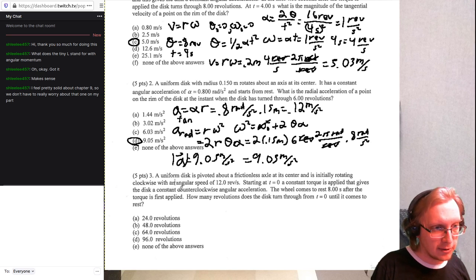Let's see, we have another uniform disk on a frictionless axle, rotating clockwise with an angular speed of 12 revolutions per second. Starting at t equals 0, a constant torque is applied that gives a constant counterclockwise angular acceleration. The wheel comes to rest 8 seconds after the torque is applied. How many revolutions does it turn through until it stops?